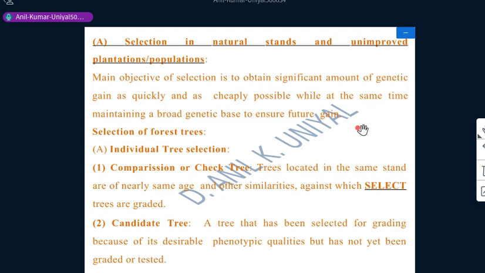Next, how are the trees selected from such stands? The very first method or criterion is individual tree selection from the natural forest. So what is the procedure actually?